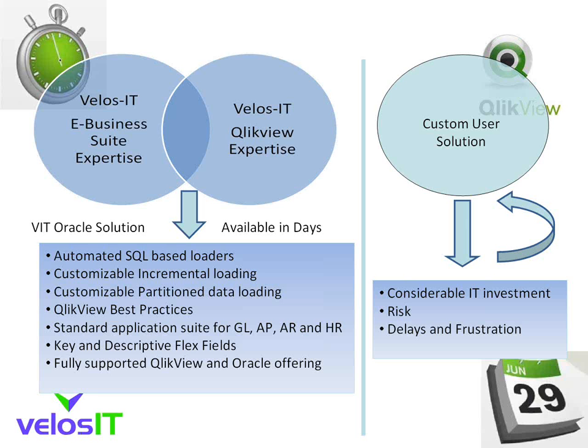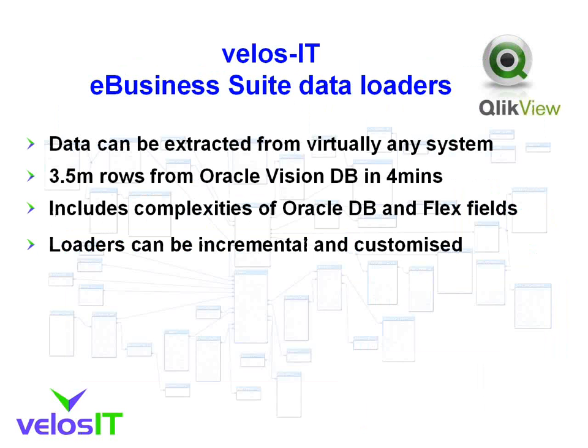We've also managed to automate the downloading of the key and descriptive flex fields, which is a key feature of our downloads, and was only possible through the close work of these teams and many months of effort. So we can now download your eBusiness Suite data into QlikView in a matter of a few days rather than the months it may take you.